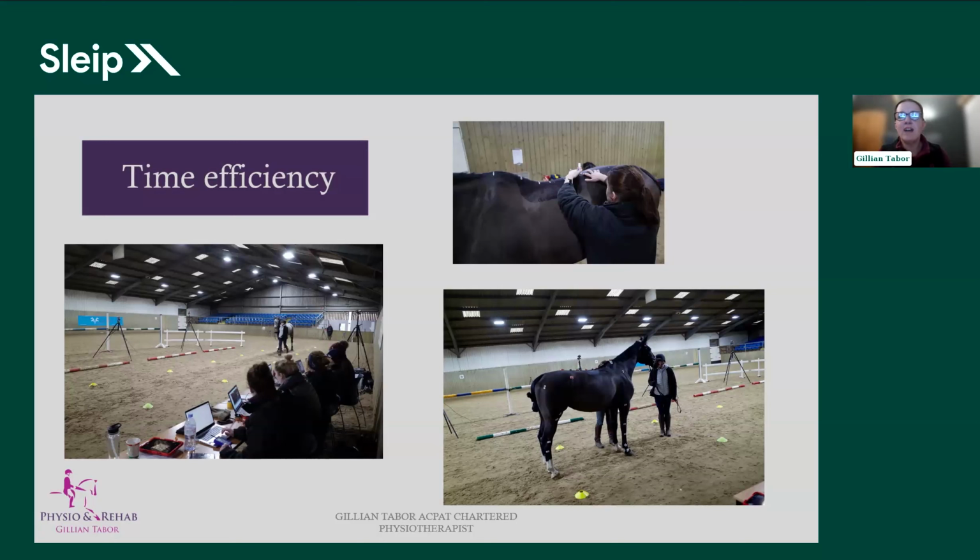One of the issues that we do have with using subjective assessment is that we are all subject to assessment bias. We treated the horse, we want it to be better, so we reassess our horse after our treatment, or after intervention of a rehab program, and then we hope that we see it better. That expectation bias is really strong.